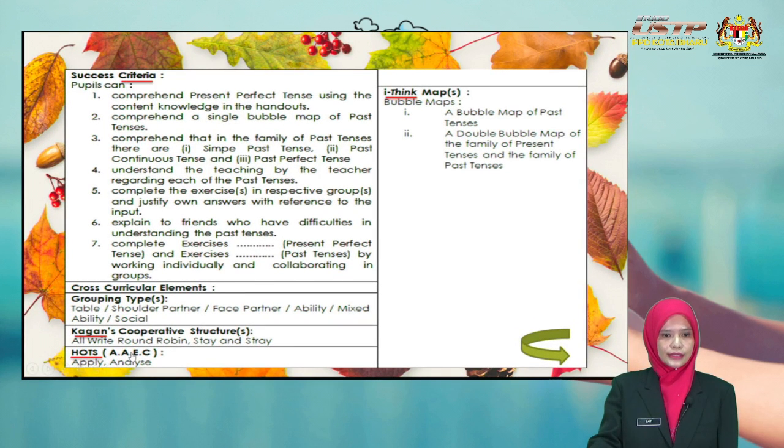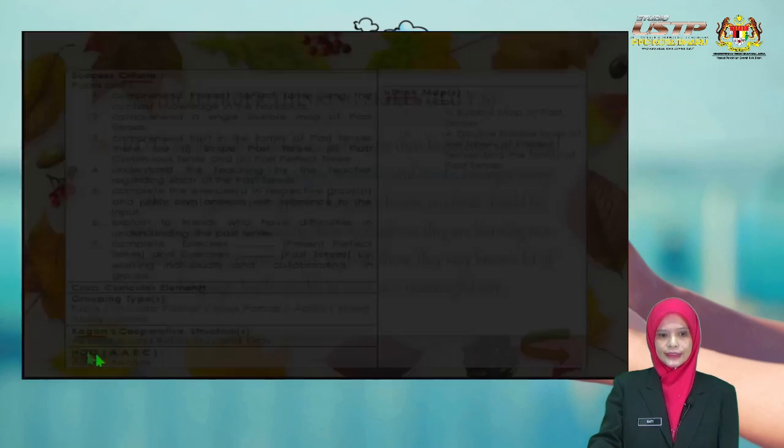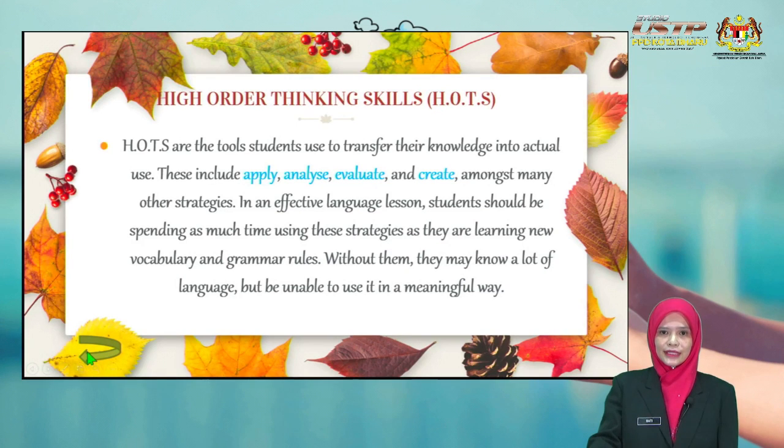For HOTS, higher order thinking skills, we use apply and analyze. HOTS are the tools students use to transfer their knowledge into actual use. These include apply, analyze, evaluate, and create, amongst many other strategies.